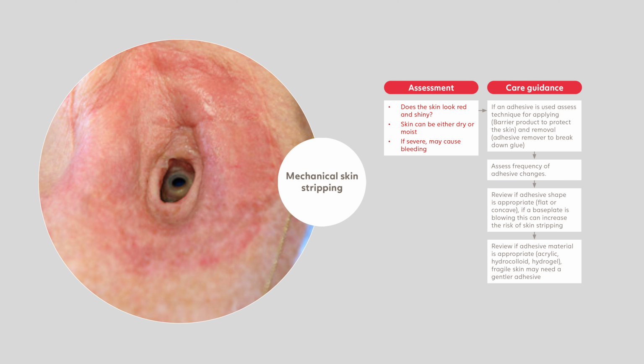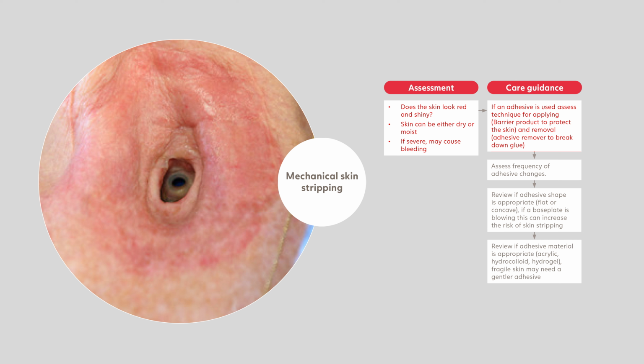The next stage would be looking at the care guidance, how to manage our patient's skin health concerns. Where our patient is using an adhesive or base plate, we would assess their application and removal technique.